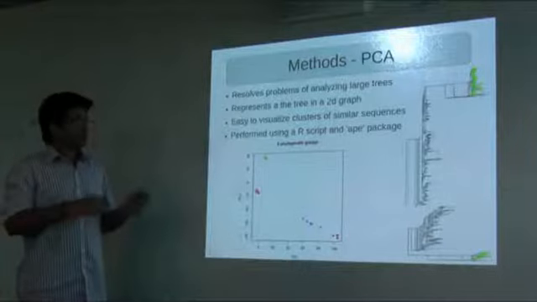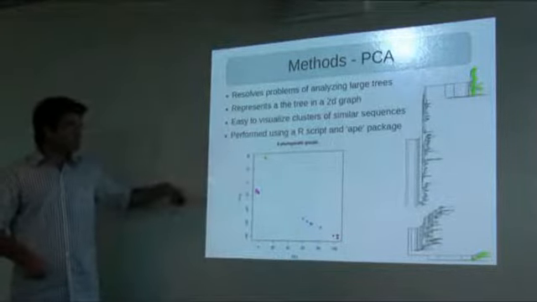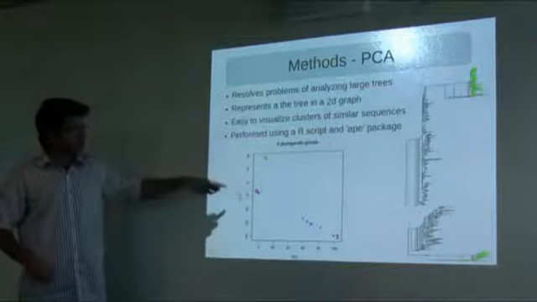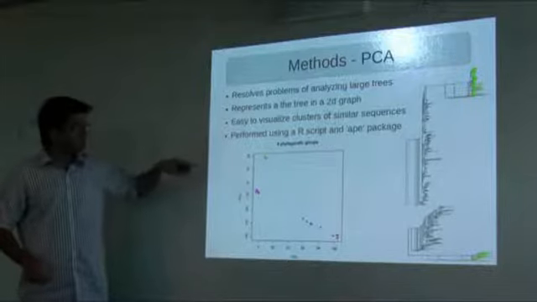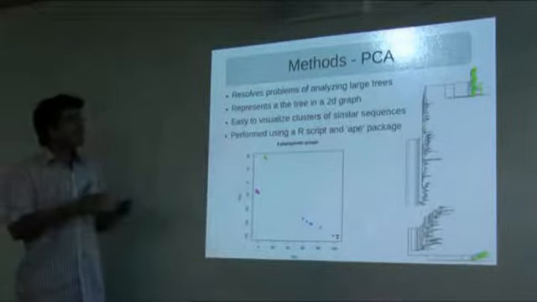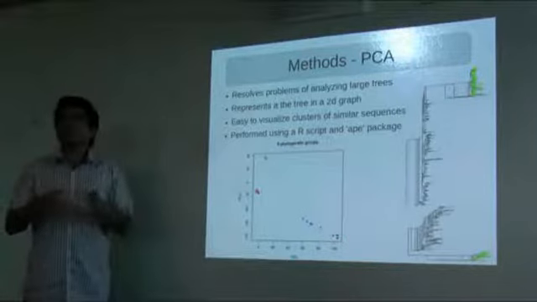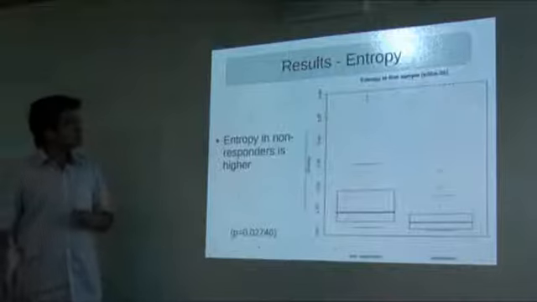It essentially represents this phylogeny in a 2D graph, and the same graph is represented here, and you can count the number of clusters. There are 8 phylogenetic groups, and they are all differently colored, so it's easier to visualize the clustering within the tree. And then finally we have the results.